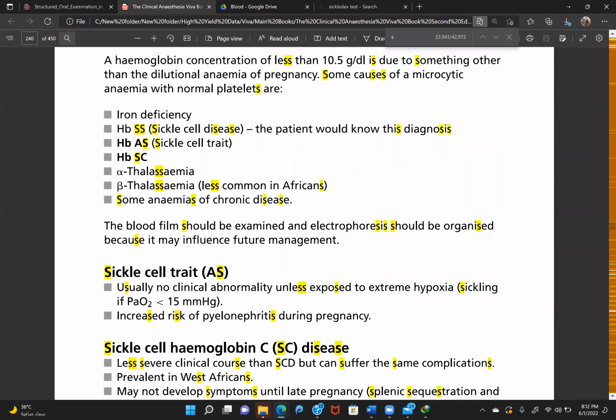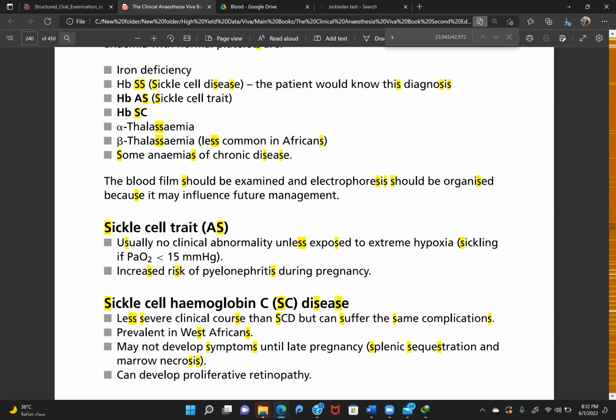These are the things which I told you already, that sickle cell trait will have a mild effect, and this patient can tolerate more hypoxia as compared to sickle cell disease. There is another variant called hemoglobin C, sickle cell hemoglobin C. This is also one of the variants of sickle cell disease.